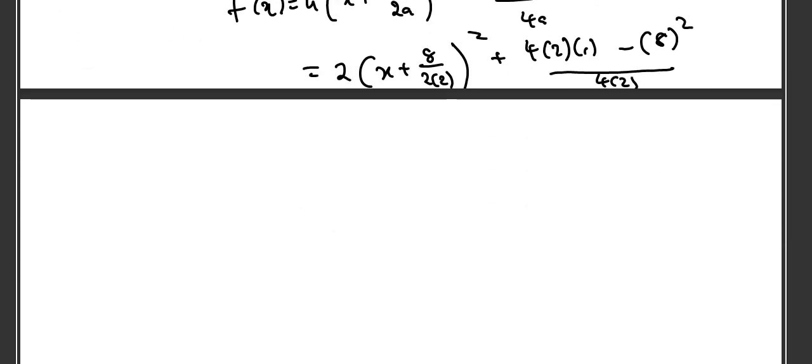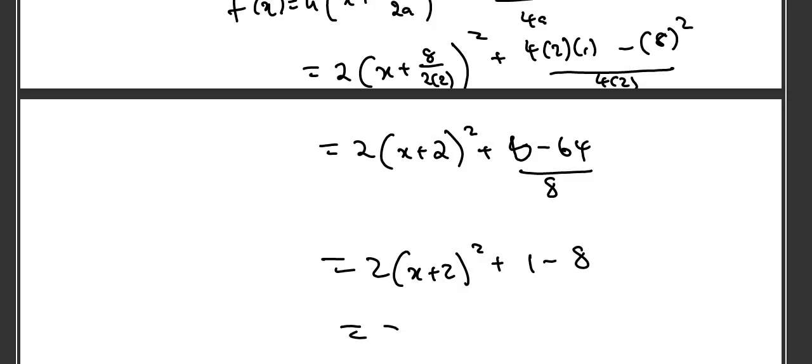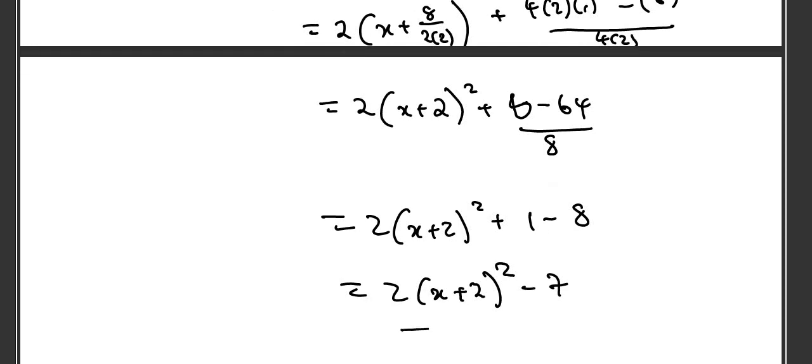So this is now going to give us 2 times x plus 2, squared, plus 1 minus 64 over 8. Yeah, so this will be x plus 2 squared plus 1 minus 8. So you should be able to see that this is just going to be that. So this right here is what we need.